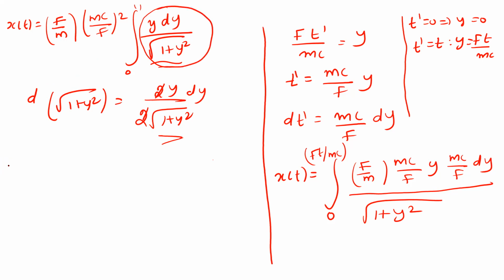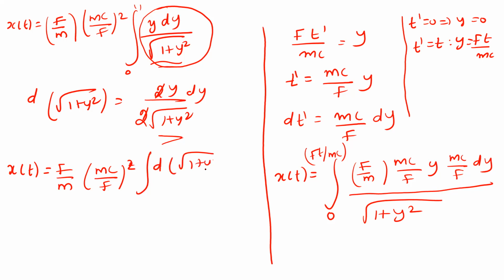So you see that x of t is equal to f by m, mc by f whole square. This is simply the derivative of square root of 1 plus y square. Am I right? Yes. So that means you can cancel the integration and the derivative, and you will have 1 plus y square.